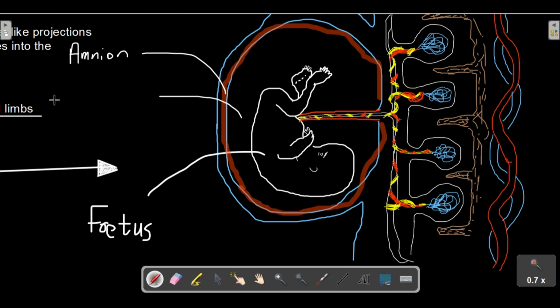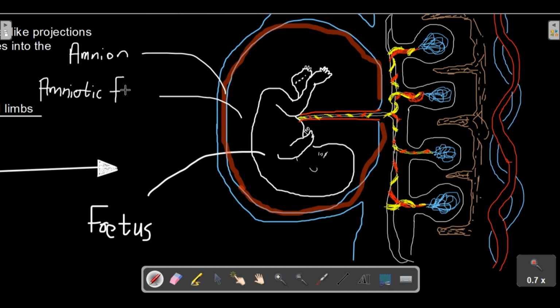Okay, so this fluid plays a huge role, guys. They like to ask about this fluid. So we're saying that the fetus is housed in a layer that we call the amnion. Inside this layer there's a fluid, and this fluid is called the amniotic fluid.